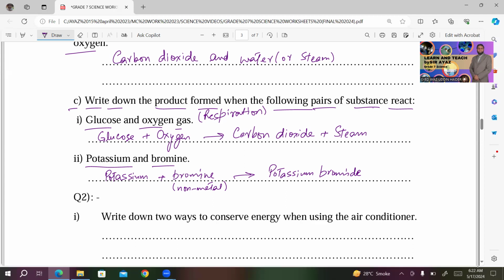Here it's bromide. If it was chlorine, then you have to write chloride. In case of oxygen, you will write oxide. It's a metal. It's a salt.